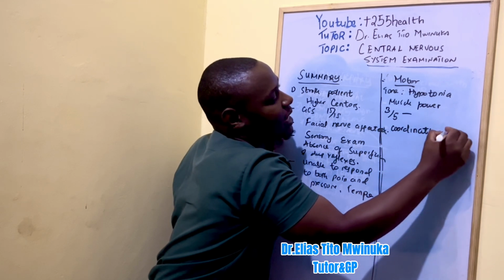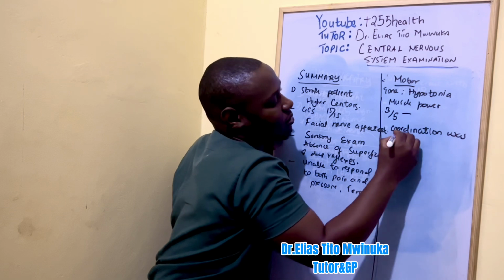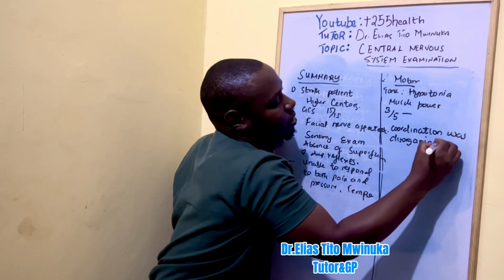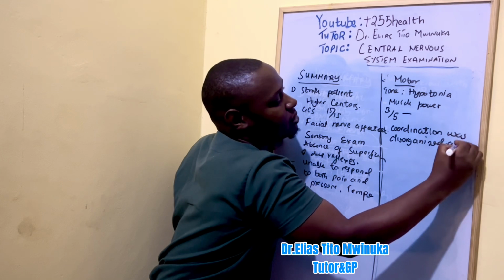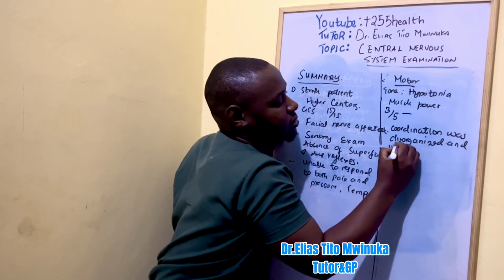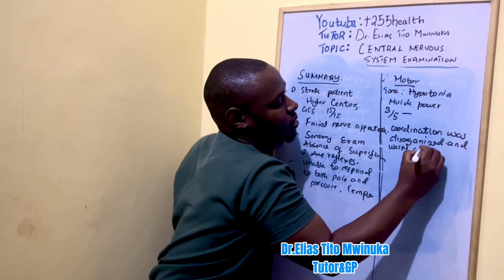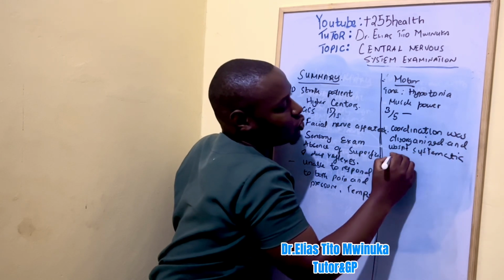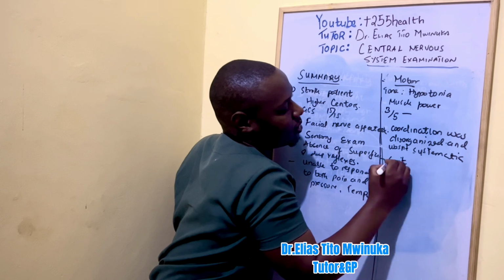Coordination was disorganized, and wasn't congruent, and wasn't systematic. And then you go to the gait.